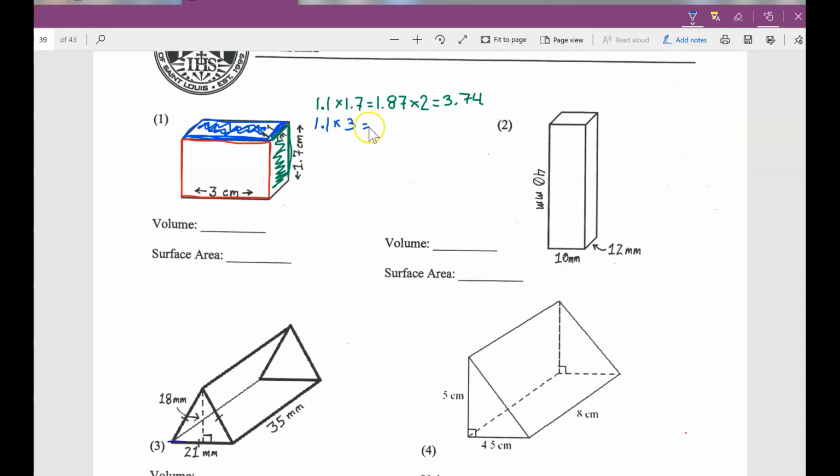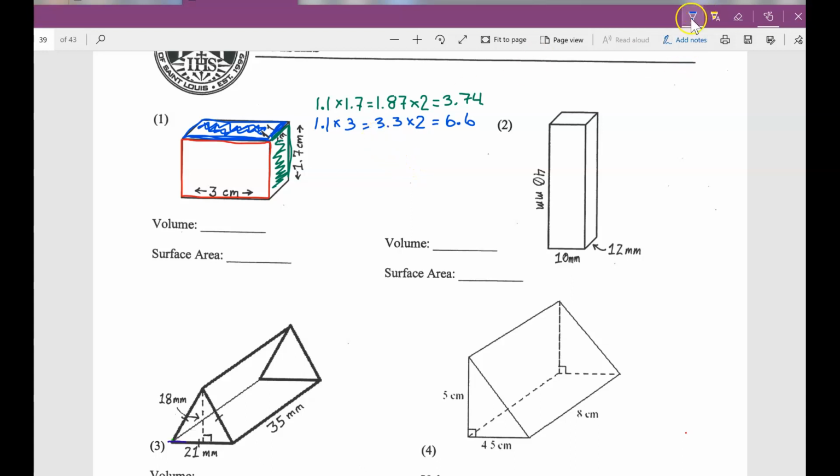Multiply those together, you're going to get 3.3. But that's how big this top face is. Remember, there's an identical one on the bottom. So we have to multiply by 2 to include the bottom, which gives us 6.6.